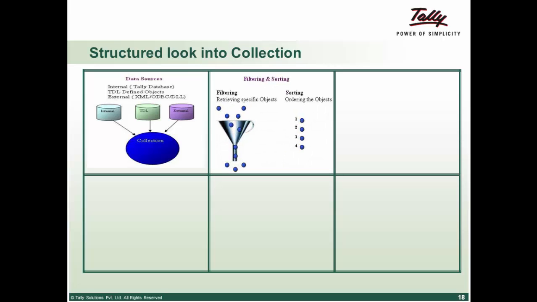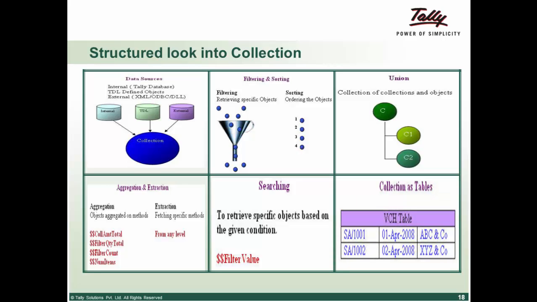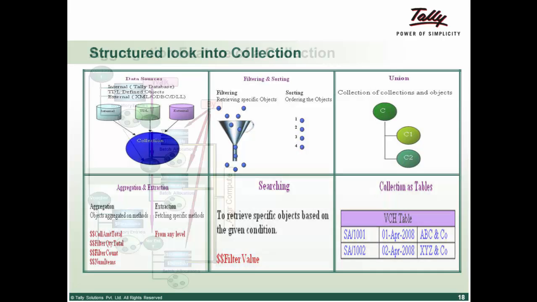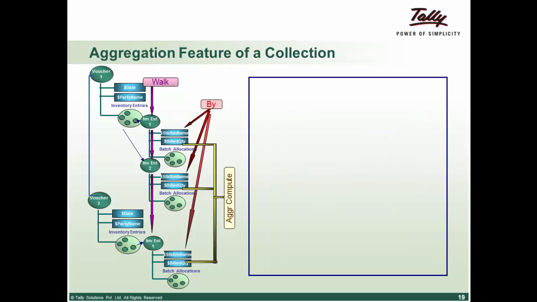The data is gathered, filtered, sorted. We make a union of that collection. We can perform aggregation, extraction, search for the required values, and then showcase the values that we need. So this is how the aggregation feature of a collection works.